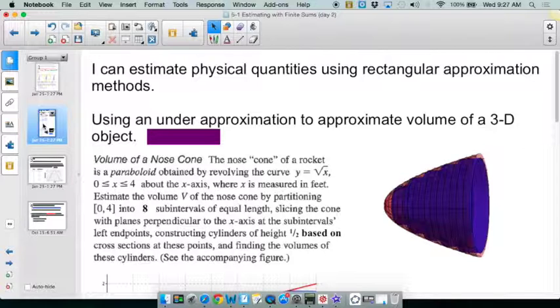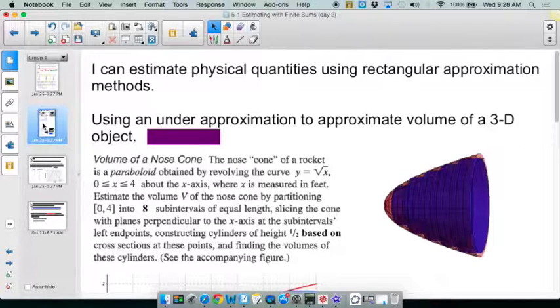This first one, you can see a little bit better in Notability than the screen is showing here. We're taking a nose cone of a rocket and we're estimating the volume of that nose cone. And we're going to use this approximation method to do that.